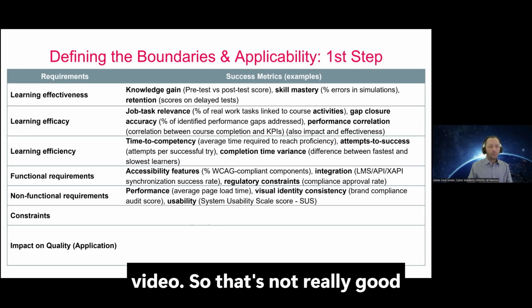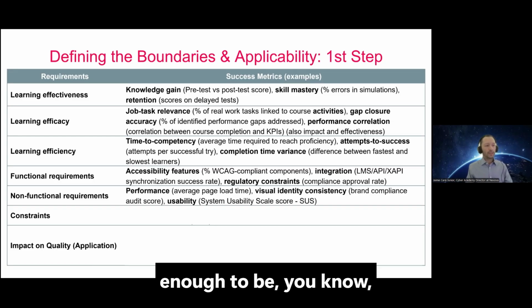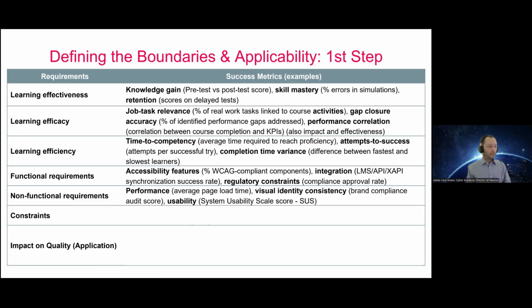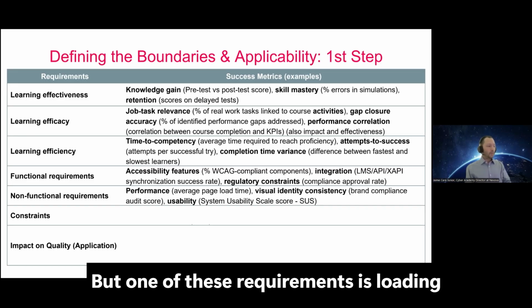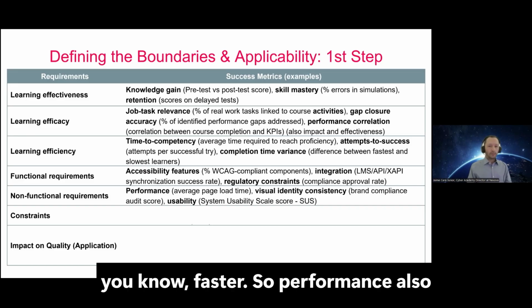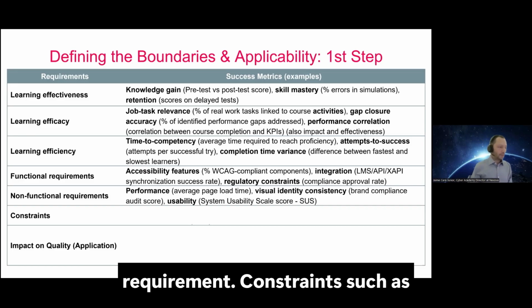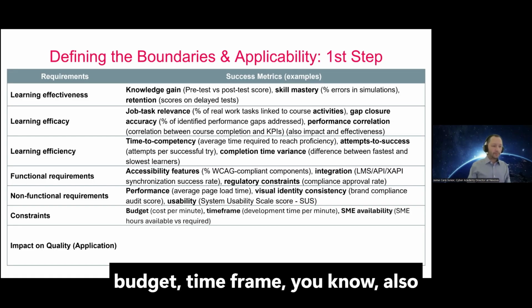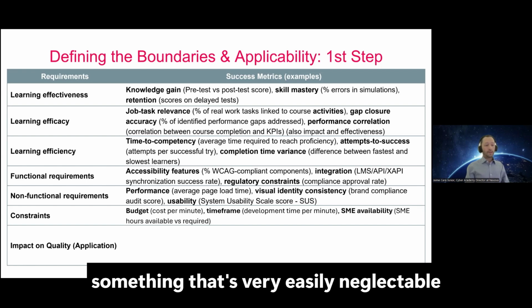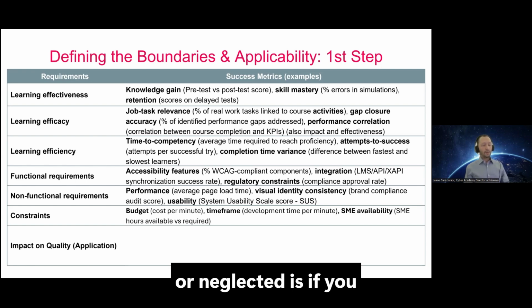That's not really good practice. So your video has to be good enough to fulfill its requirements, but one of these requirements is loading faster. So performance also matters here. It's a non-functional requirement.